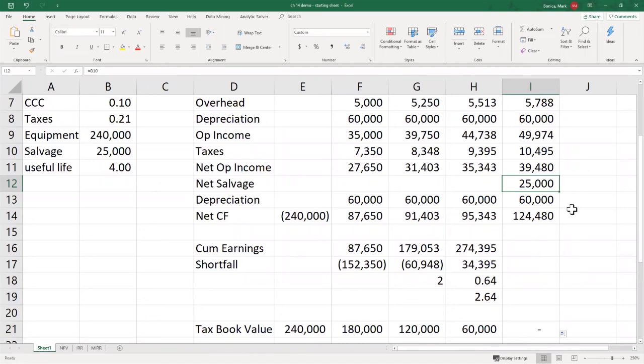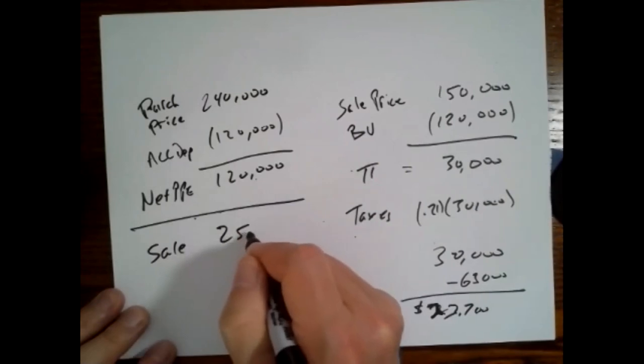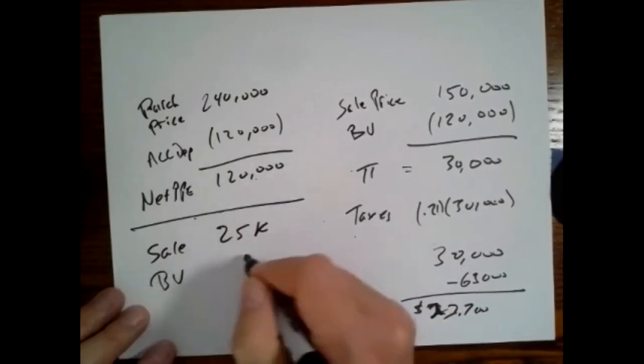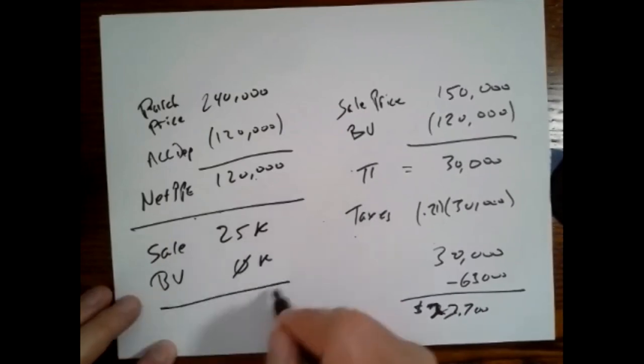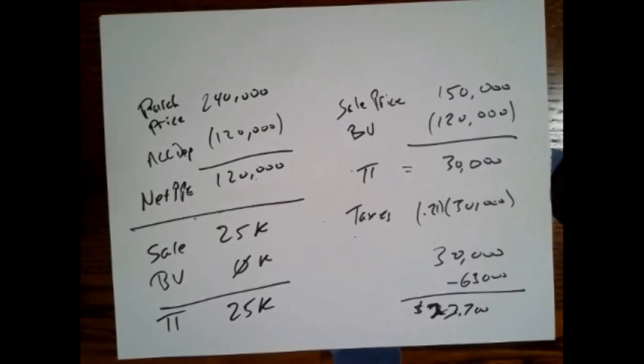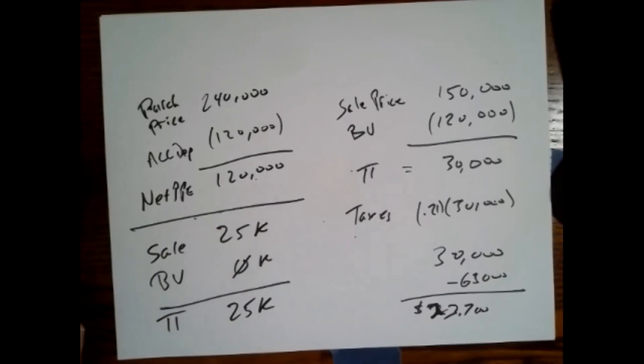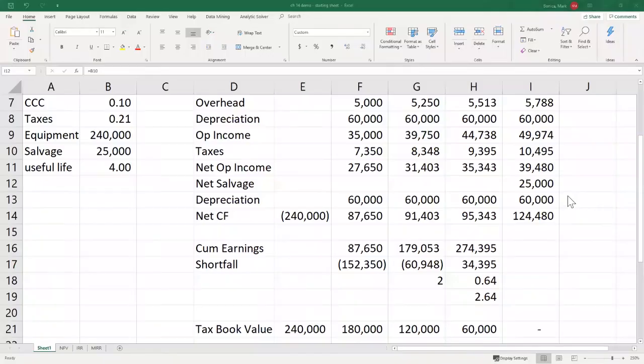Just like a second ago, when we said if you sell it for 150 and the book value is 120, then you have income of 30,000. In this case, if the sale price is 25,000 and the book value is 0, then the capital gain is going to be 25K. So they're going to be taxed on that 25,000. That's the point I was trying to make here. It's a long way to getting to it, right?